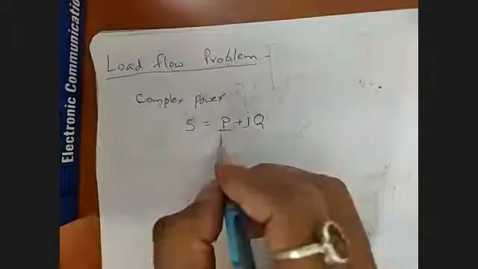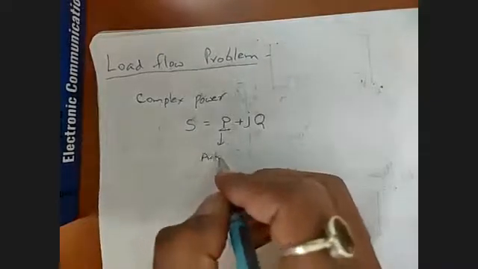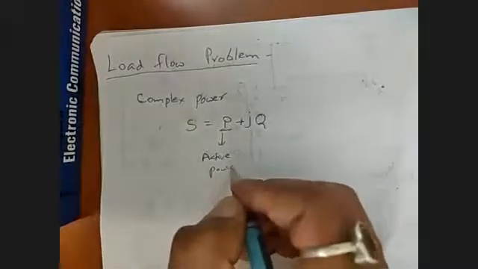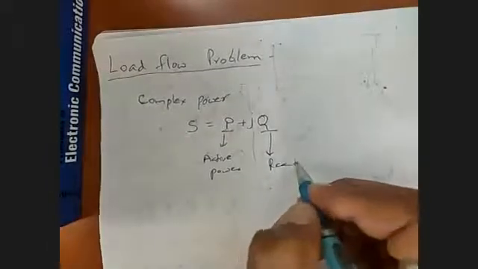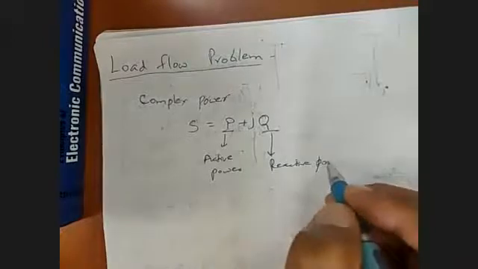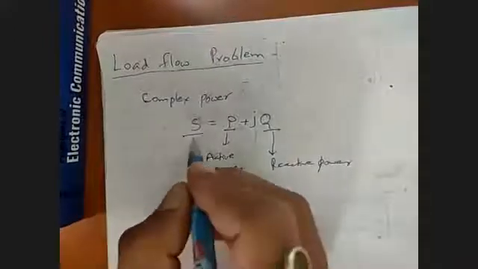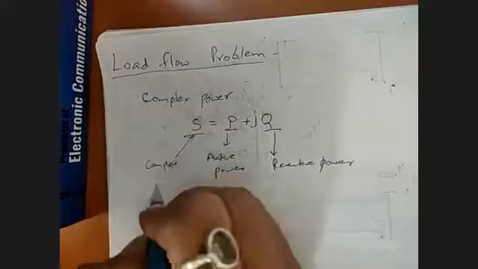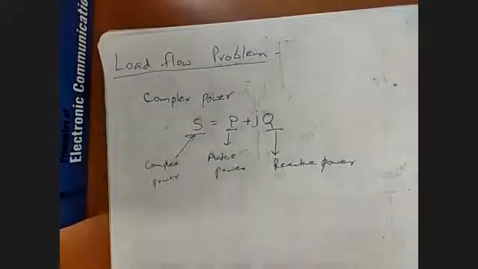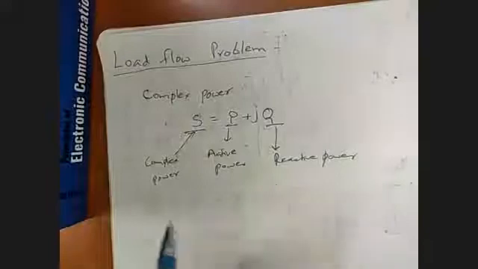P is your active power, Q is your reactive power, and S is complex power.